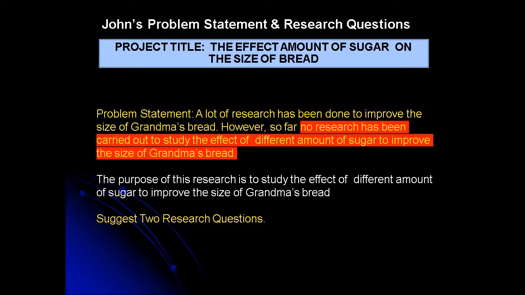The purpose of the research is to study the effect of different amounts of sugar to improve the size of grandma's bread. So, it's just a restatement, or rewriting, of the problem statement. And now, can you suggest 2 research questions that John will use in his research? So you think about it first.